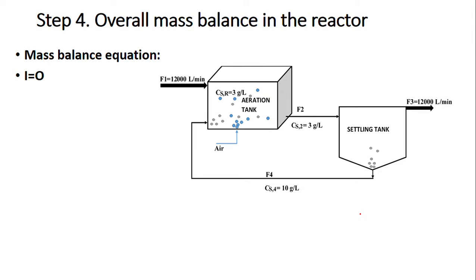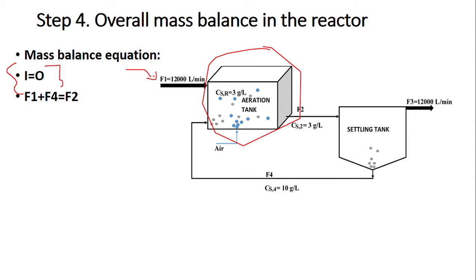Step 4. Overall mass balance in the reactor. To perform this overall mass balance, we use the equation from before. In this case, we can see two streams entering the aeration tank, F1 and F4.